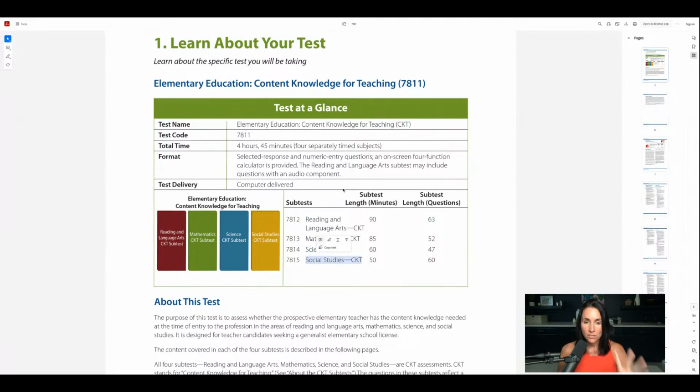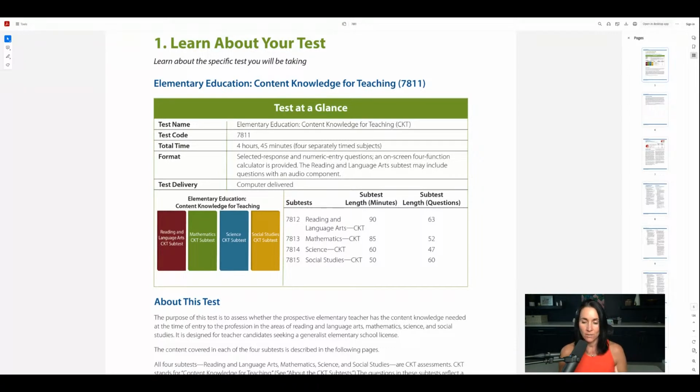Now, this is broken up into 4 parts. The 5006 is a newer exam. It still has 4 parts, but they group 2 parts together in each subtest. They group the reading and language arts and the social studies together as the 5007, and then they group the mathematics and the science together.